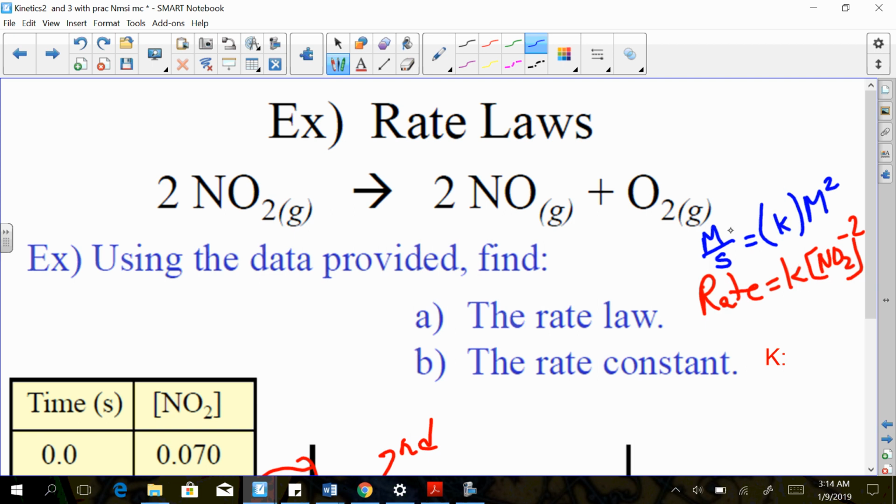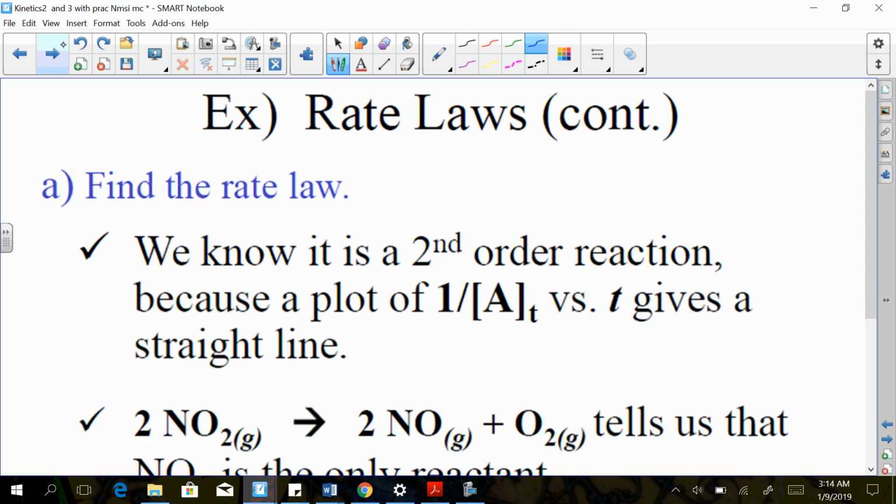So to make this equal that, I need my K to add in seconds. I don't have seconds anywhere. I also need to get rid of one of those molarities. So now I have 1 over seconds times molarity. So this molarity will cancel one of those, and I'll have the same units on both sides. So that's a way to double check yourself.